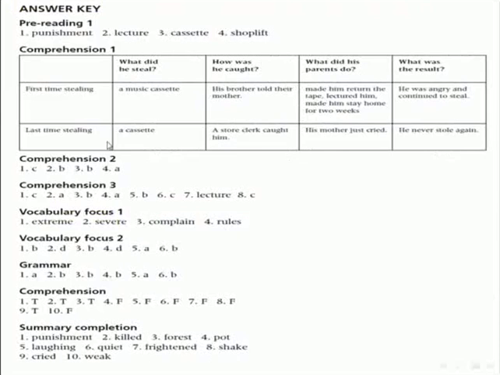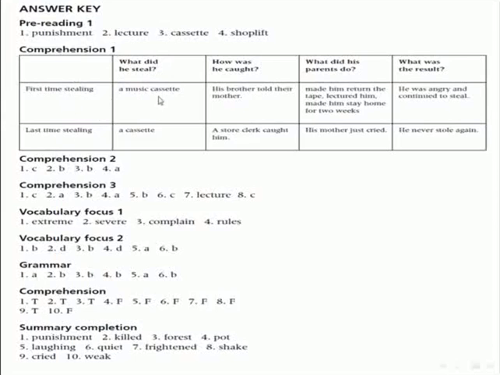Let's see here what we have here. We have the answer key page for all the exercise, even the last exercise that we finished just now, which was the summary. And here, first exercise, pre-reading number 1, the answer key, the words, and comprehension 1, the table here, what did he steal, first time and second time.